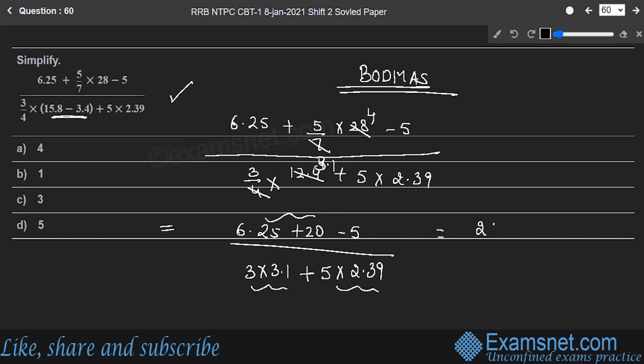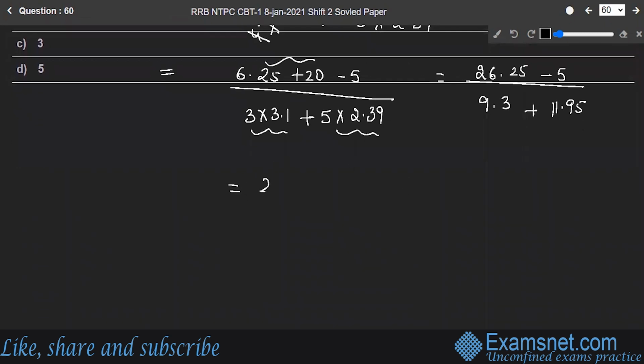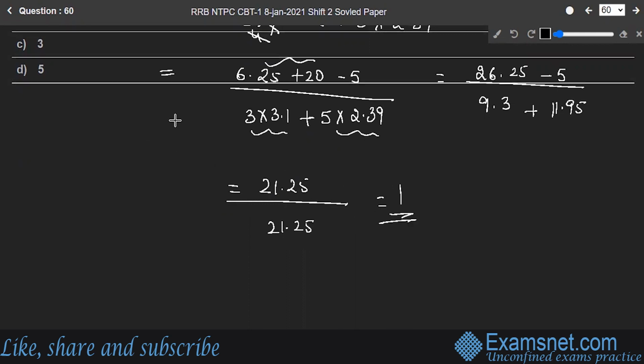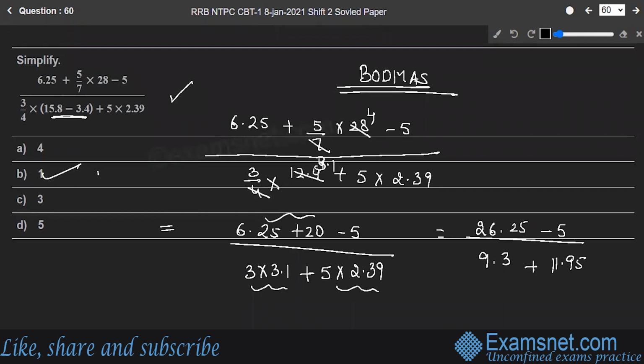I'll get 26.25 minus 5 whole divided by 3 multiplied by 3.1 will give me 9.3 plus 5 multiplied 2.39 will give me 11.95. Okay, so this will be 21.25 whole divided by 9.3 plus 11.95 is this only. That means I have 1 as the answer. Option B. Hope you understood this. Let's move to the next question then.